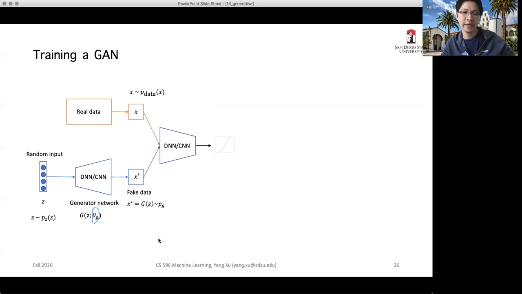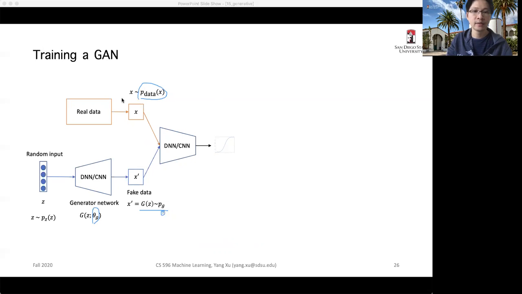So the generated data, let's assume that it's also from some distribution P of G, where the lowercase g is for generator. And the real data is from the training data, so we say that the distribution is described by P of data.